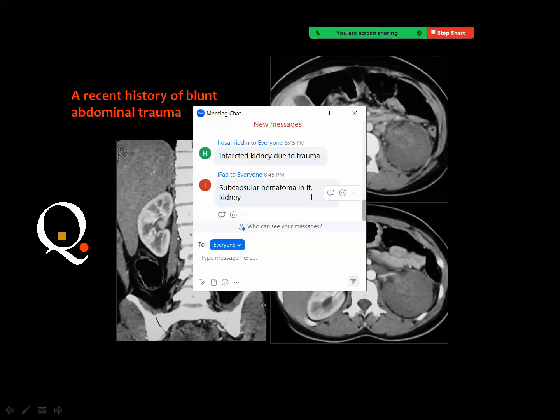Infarcted kidney due to trauma, subcapsular hematoma in the kidney.